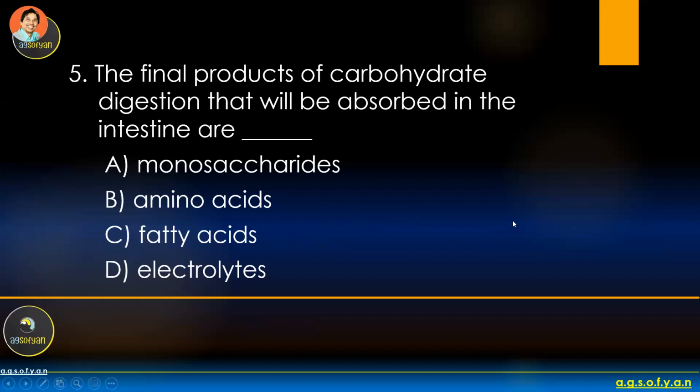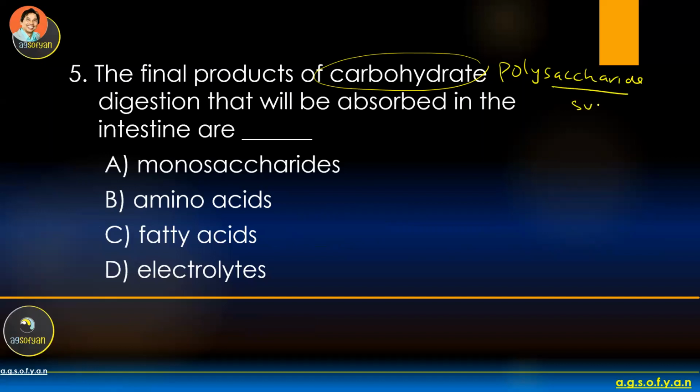The final product of carbohydrate digestion that will be absorbed in the intestines are, remember, the carbohydrate is also known as polysaccharide. Saccharide means sugar, poly means many. Okay, so polysaccharide consists of many sugars. So this is the unit that will be absorbed.